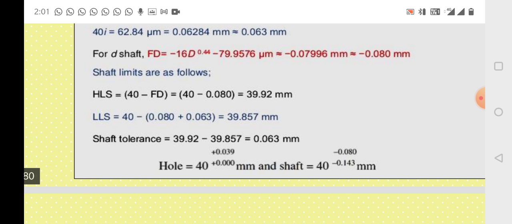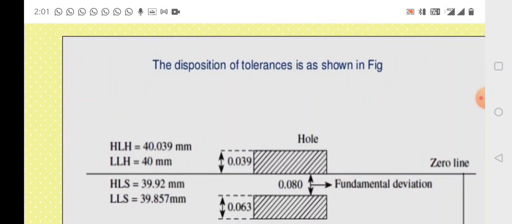So this much we have calculated for the hole and the shaft. Now we will calculate the gauges to check this hole and the shaft. या होलला आणि या शाफ्टला चेक करण्यासाठी जे गेजेस आपण डिझाईन करणार आहोत त्याचे आपल्याला डायमेन्शन्स काढायचे आहेत.